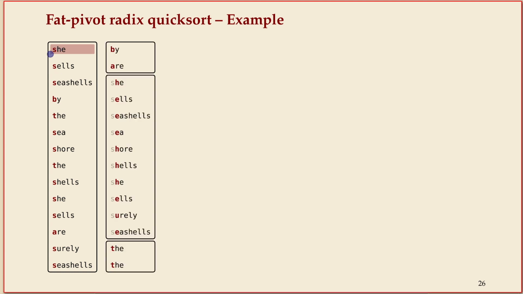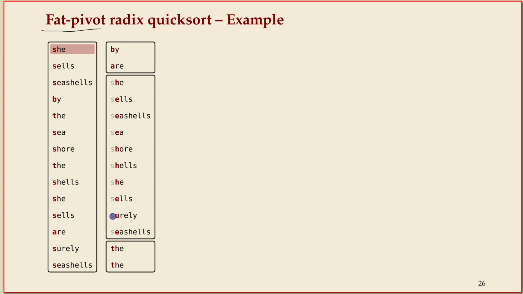So the pivot character tells us there's words that start with a character smaller than this character, and those that start with a letter larger than that character, and those that start with that character. That's why it's called fat pivot, because there's a partition that has everything that's equal to the pivot according to the first character. Right? These have a starting character smaller than s, these larger than s, and these have s.